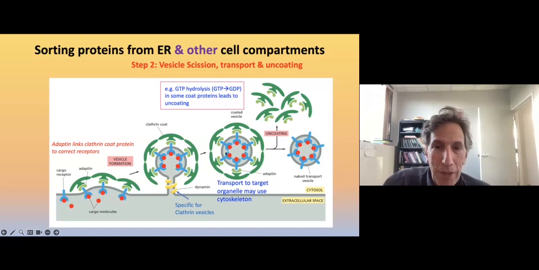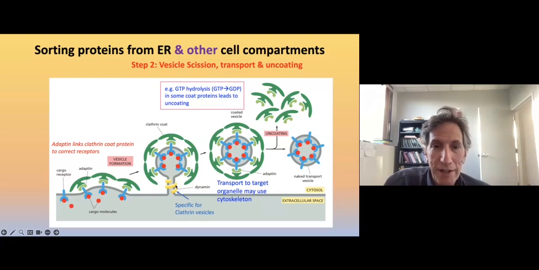So we'll start here after the vesicle is formed. Let me add one thing. This is a clathrin-coated vesicle, and let's look at the adaptin shown here in green, which is conferring the specificity for cargo.